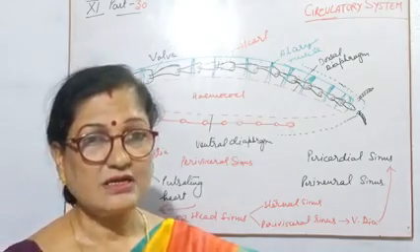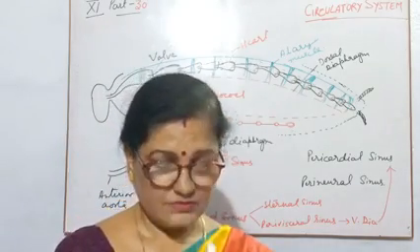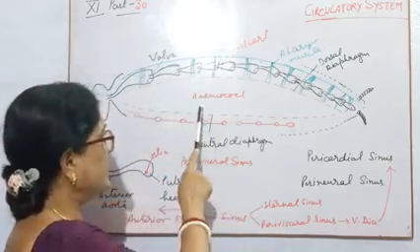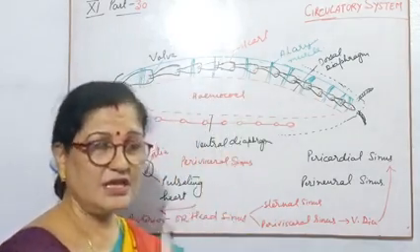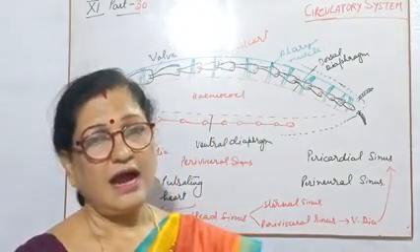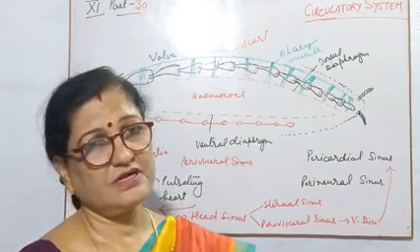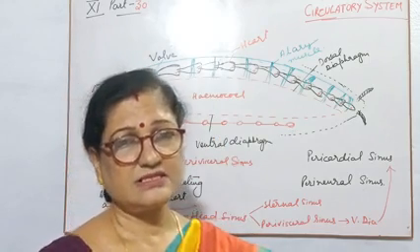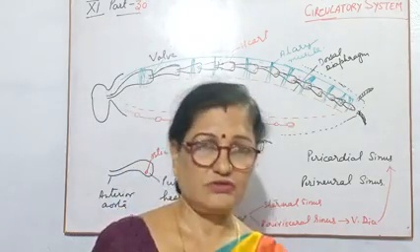Then, as I taught you in the digestive system, the Malpighian tubules will collect the excretory material from that hemocoel and send it to the alimentary canal, that is the hindgut. From the hindgut it will come to the rectum, and feces will come out as the excretory material and urine also.